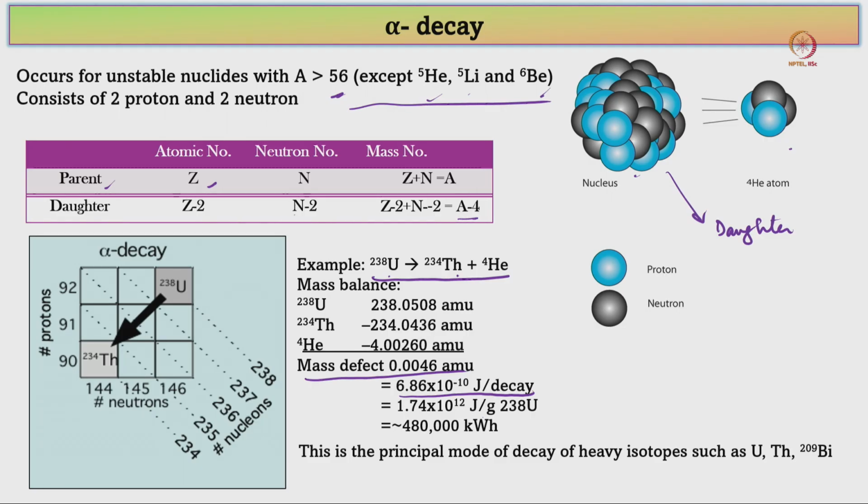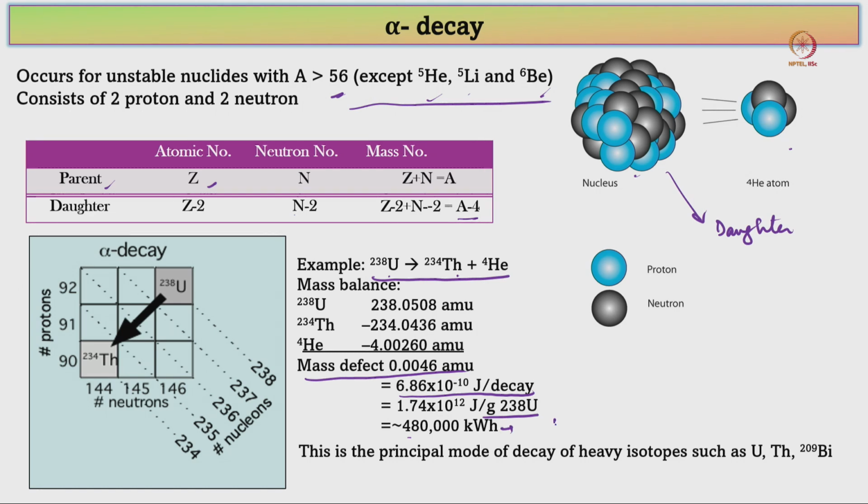But if you talk in terms of 1 gram of uranium, you can see how big an energy this becomes, because it is very close to 480,000 kilowatt hours.